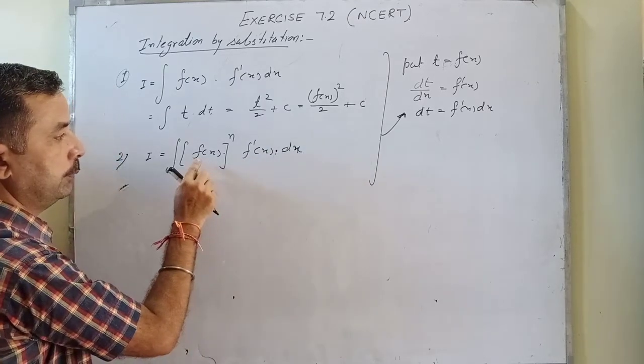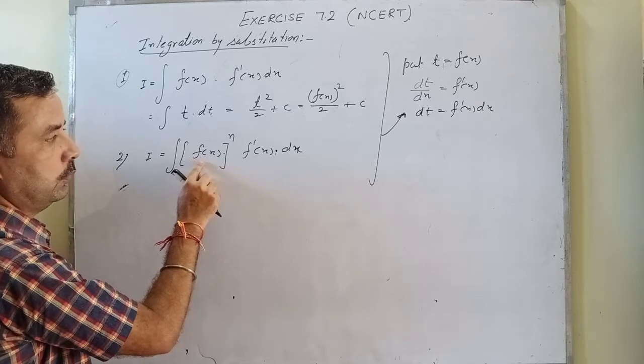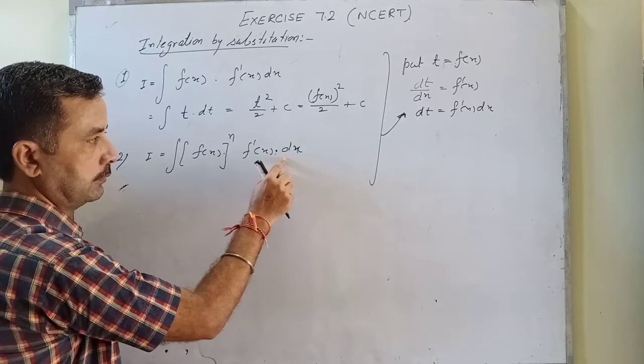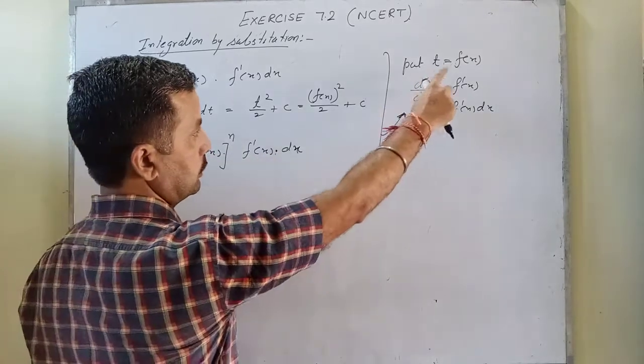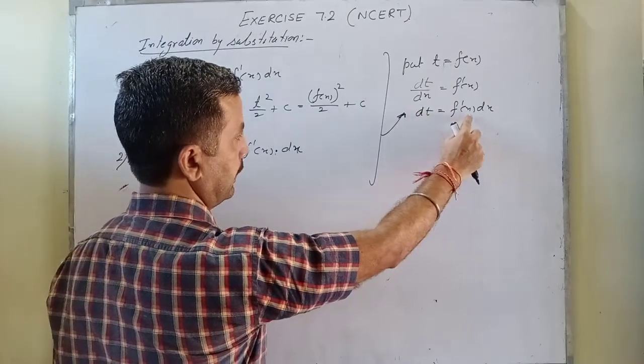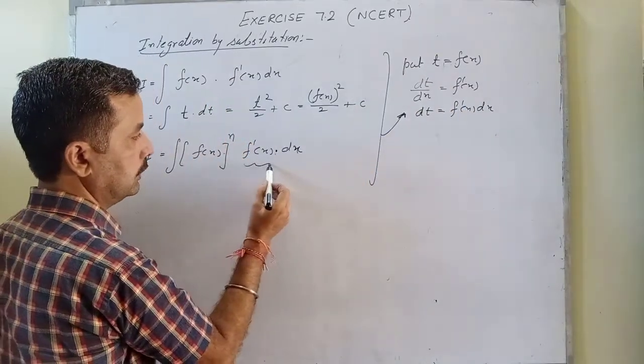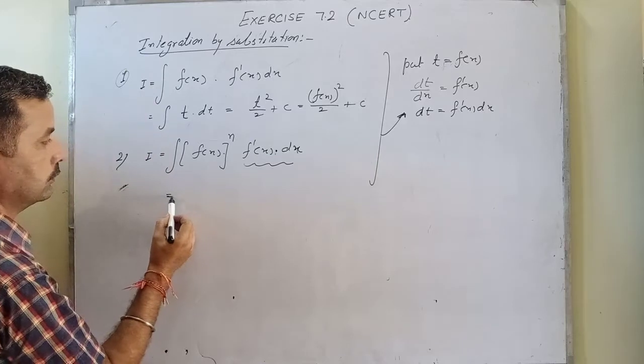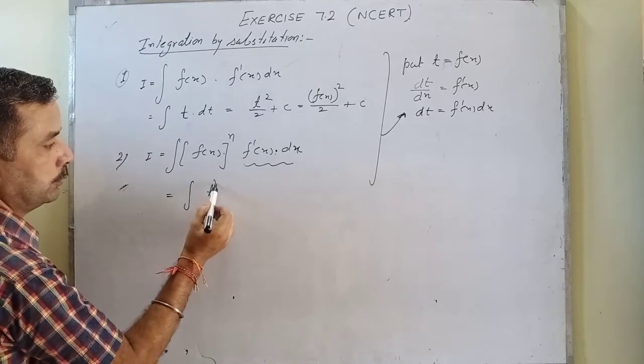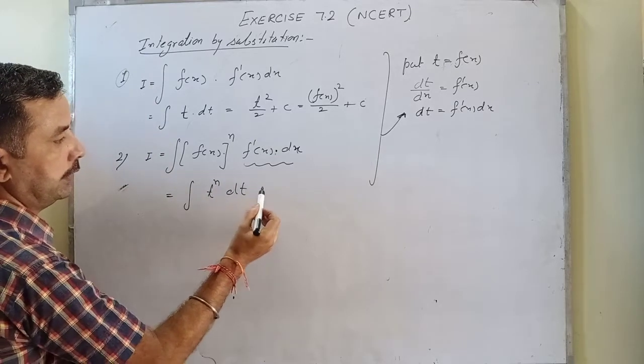So again t is equal to f(x), then dt is equal to f dash x into dx. So this part is dt, and the question becomes t raised to power n into dt.